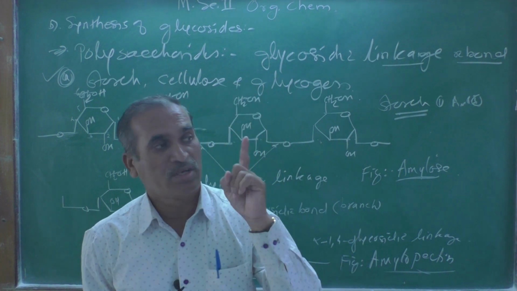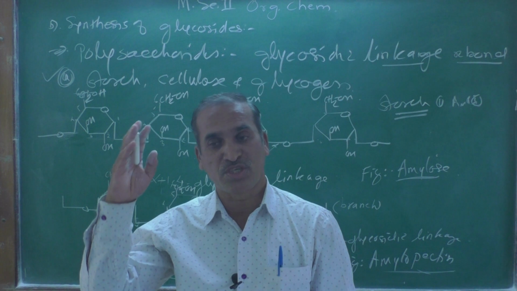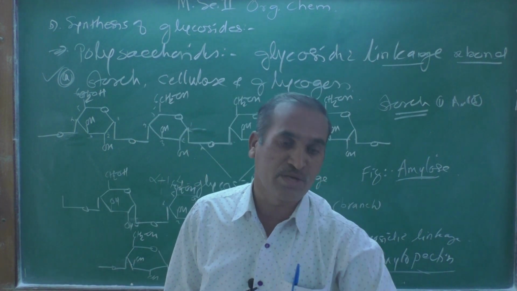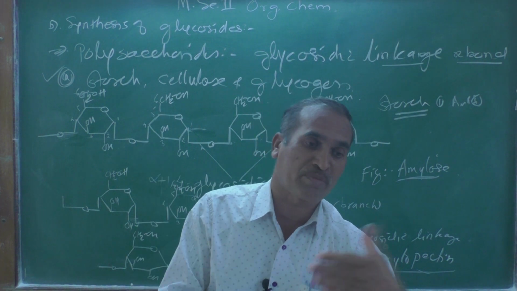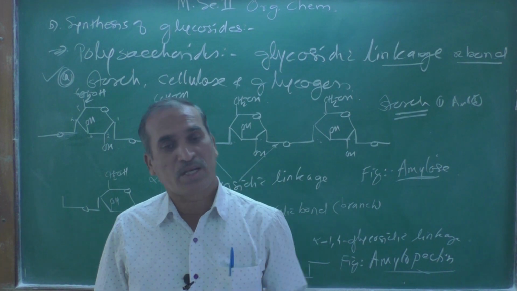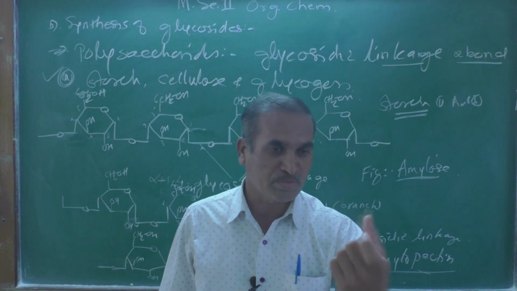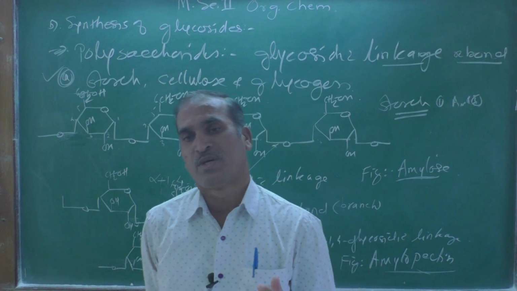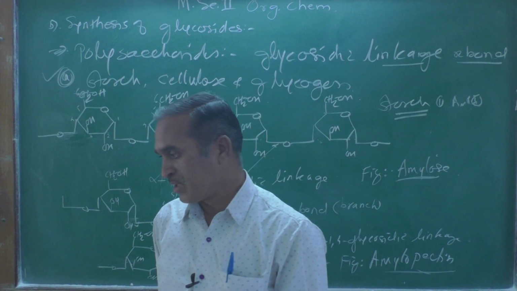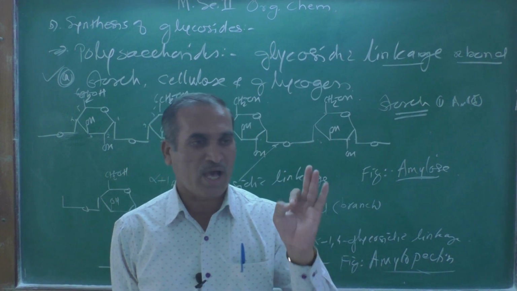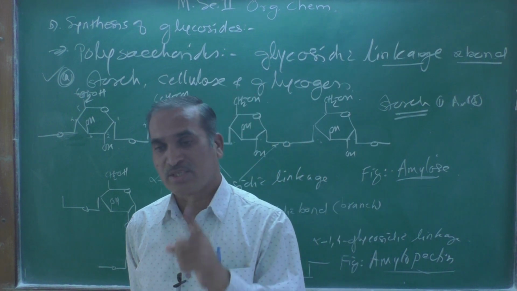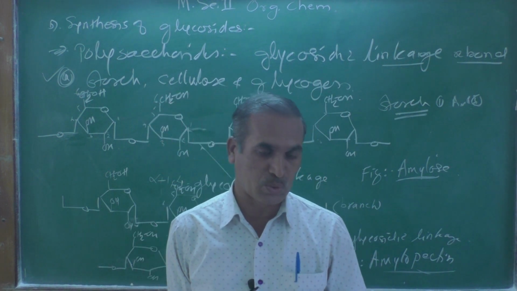At the second carbon, the hydroxy group is on the right hand side in D-glucose, whereas in D-mannose that hydroxy group is on the left hand side, and therefore the optical rotation or absolute configuration of these two are different. Therefore D-glucose and D-mannose are epimers of each other. A second example is galactose and D-glucose.